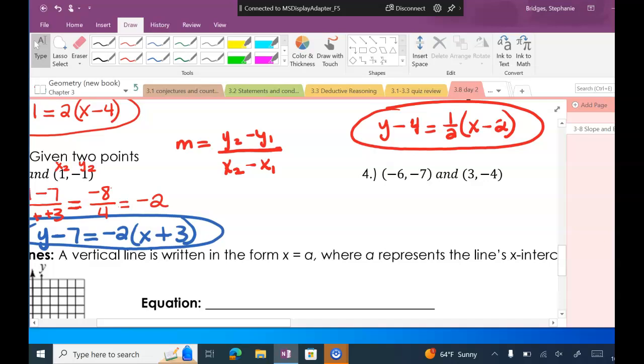Because in your formula, it's already a minus.